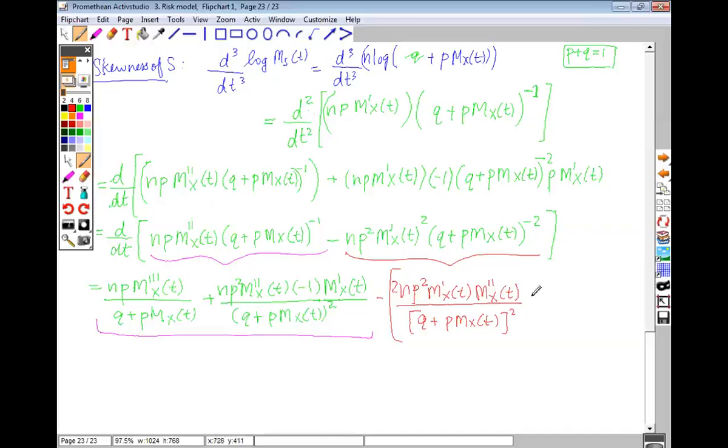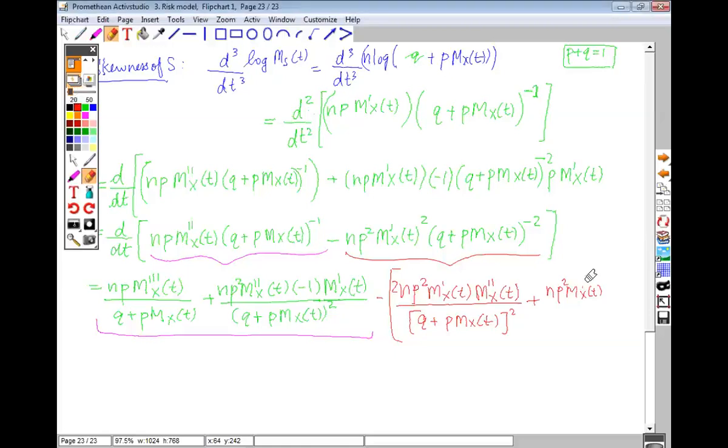And now I'm going to add this and keep this term as it is. So this will be what? NP square m prime of xt. Sorry, it's just a single prime. So what we have is m single prime of xt squared. So this is as it is.